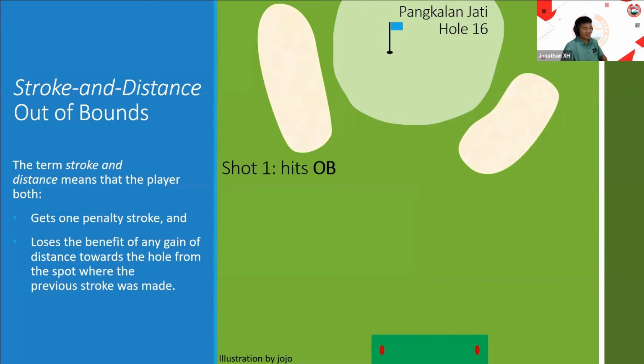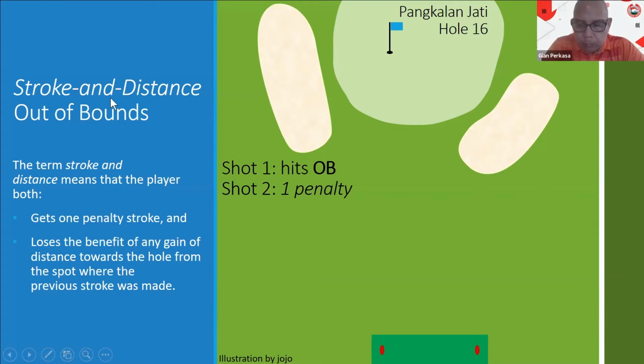So shot 1, the person hits it OB, as this gray round ball is his first shot. It's OB. Now we're using this analogy because this is how you're supposed to count shots. Shot 2, or what should have been shot 2, doesn't exist, because the first part of stroke and distance is stroke. You lose 1 stroke as a penalty. So you receive 1 penalty which should have been your shot 2.